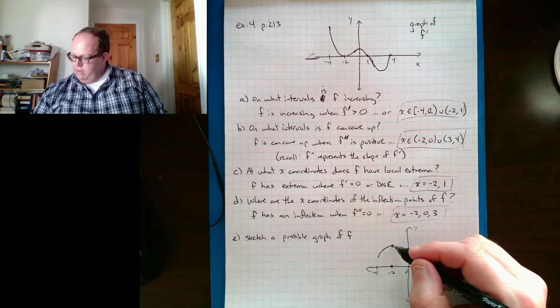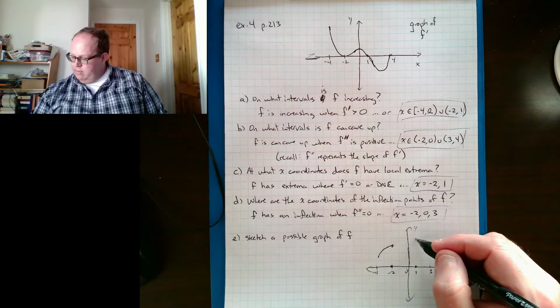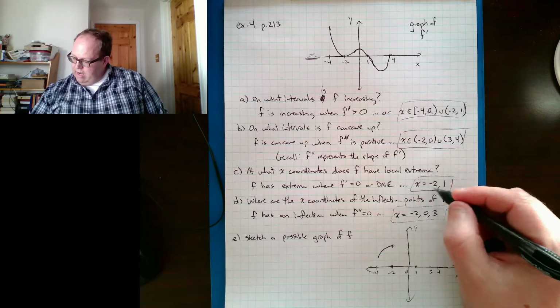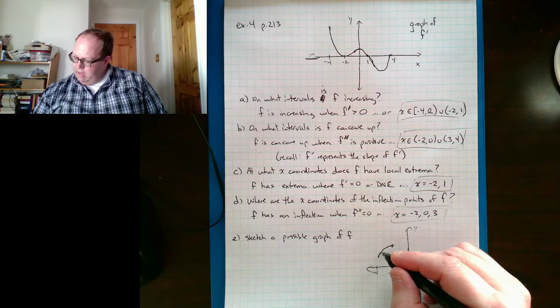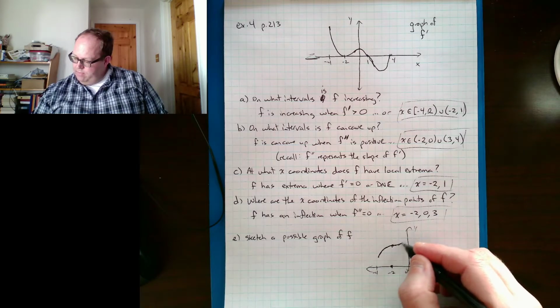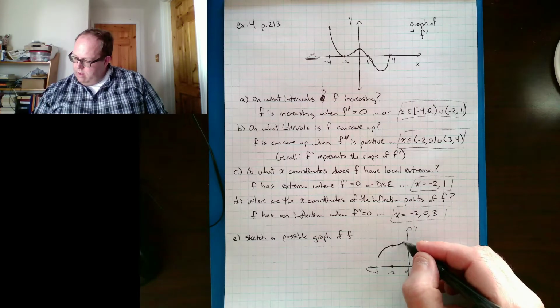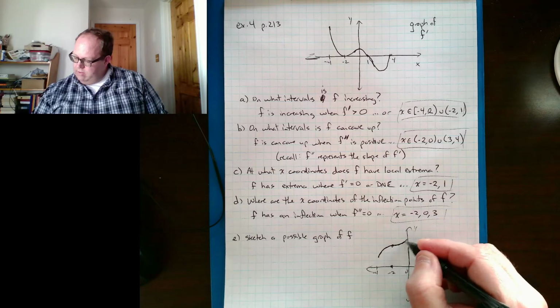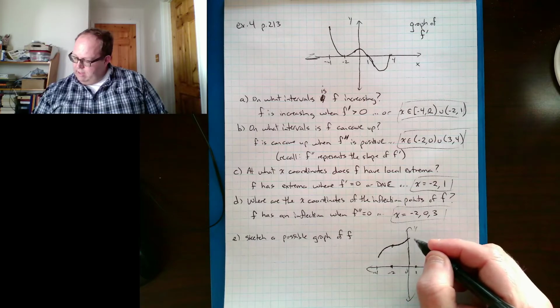Continuing to increase from -2 up to 1, but also changing concavity there. So instead of being concave down, I'm going to switch there to being concave up. But then I've got another inflection point at 0, so I'm going to change from concave up back to concave down.